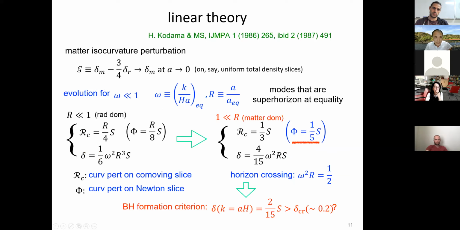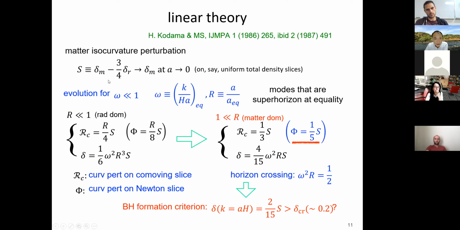The whole point is that if you consider the so-called isocurvature perturbation, which is the matter density contrast minus 3/4 of the radiation density contrast, then this would be zero for adiabatic perturbations, but it would be finite and almost constant in time in the early universe.